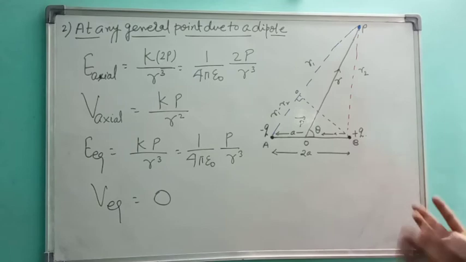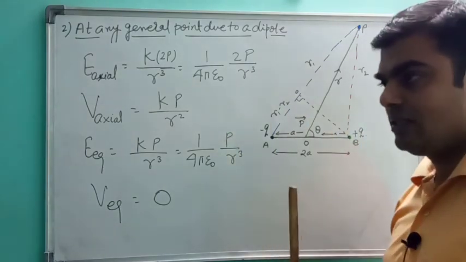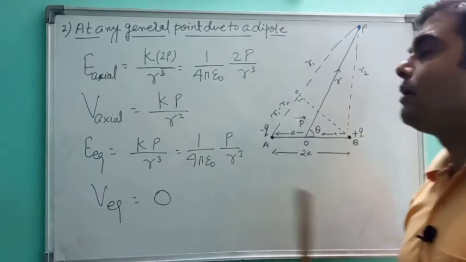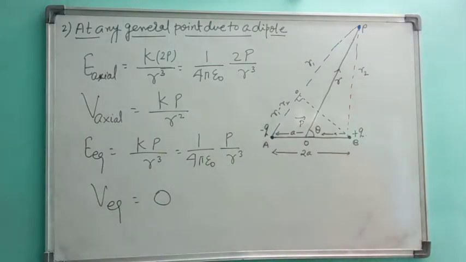First of all, cylindrical symmetry is formed about the dipole axis. But you can see that if we rotate the observation point P about the dipole axis, the potential V does not change. It means the potential V is constant. Full stop.